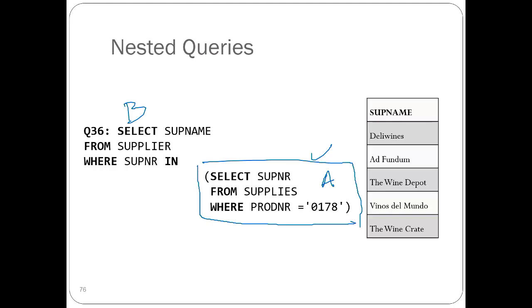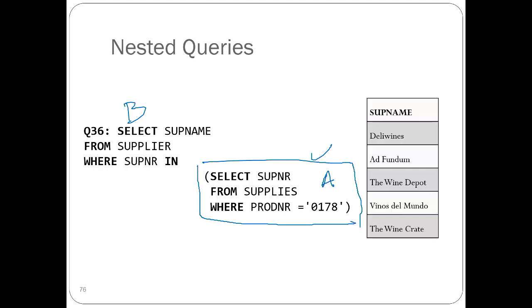So in the previous queries that you saw, the value that the inner query was returning was a scalar value. Available quantity, it's a scalar value. I forgot the previous one, but in all the previous cases, the inner query was returning a scalar value. But here, the inner query is returning what? A list, as he pointed out.